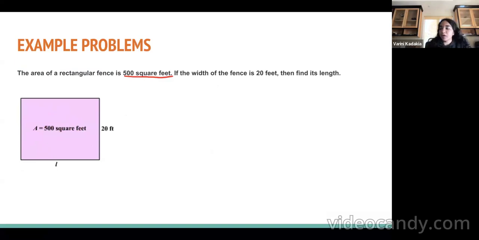The formula for area, which we went over at the beginning of class, is that the area of a rectangle is its length times its width. So if we're given the area, then we should just use this formula. So we get 500 equals length times width. Does that make sense?